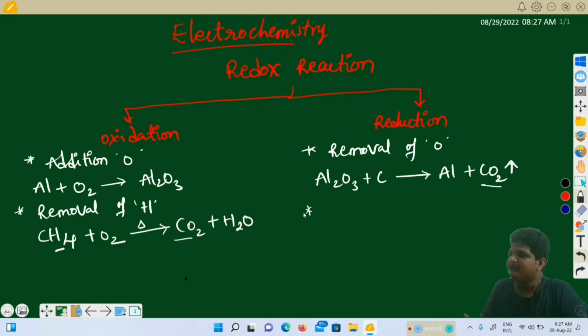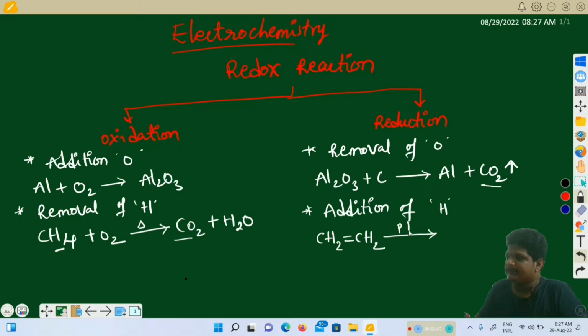Now reduction means addition of hydrogen. Addition of hydrogen is nothing but reduction. Let us consider an alkene, CH2=CH2, that is ethylene.